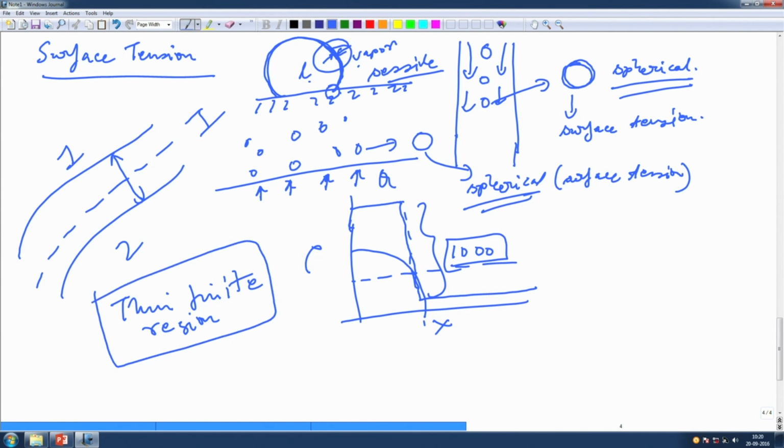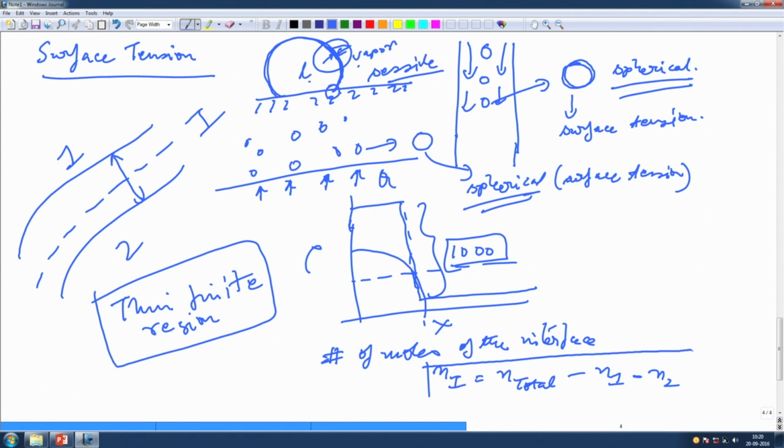So, the analysis that we are going to do over here is very similar to the analysis that we did just a moment ago. So, if you consider a situation like this, the number of moles of the interface basically is Ni, which is N total minus N1 minus N2. This is the total number of moles that are present at the interface.